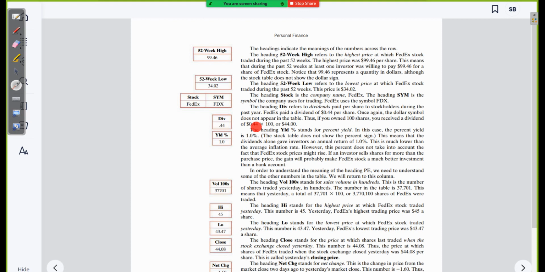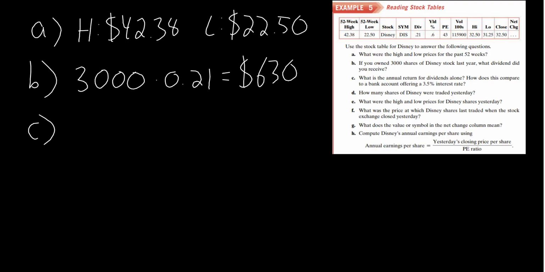The heading yield percentage stands for percent yield. In this case, the percent yield is 1%. So what does that mean though? This means that the dividends alone gave investors an annual return of 1%. So the yield percent basically means what is the return. So my return, and again, it's in percents here, is 0.6%.